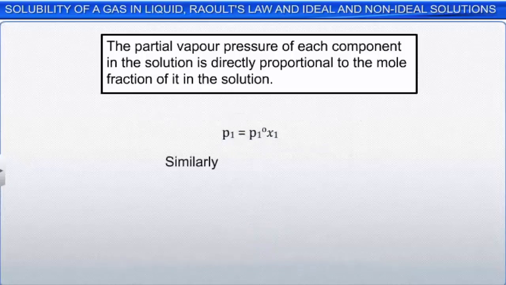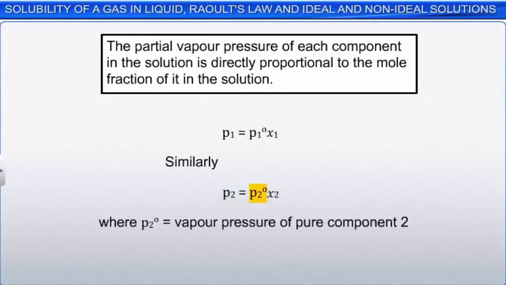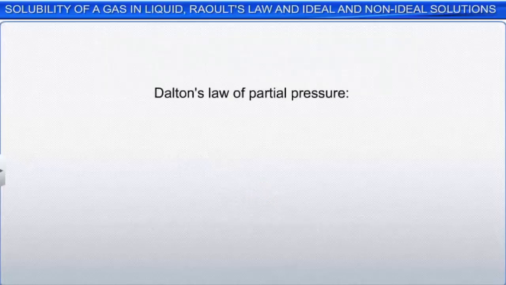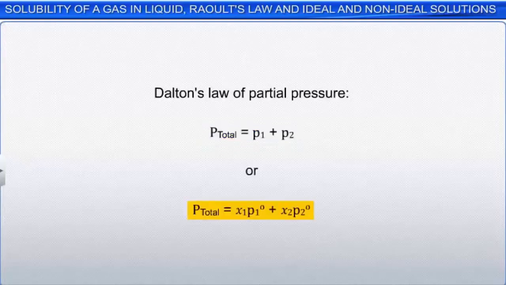Similarly, for the component 2, P2 is equal to P2 naught x2, where P2 naught represents the vapor pressure of the pure component 2. Now, if you apply Dalton's law of partial pressure, the total vapor pressure of the mixture would be equal to the sum of the individual partial pressures of the component 1 and 2. That is, P total is equal to P1 plus P2, or P total is equal to x1 P1 naught plus x2 P2 naught. Let this be equation number 1.